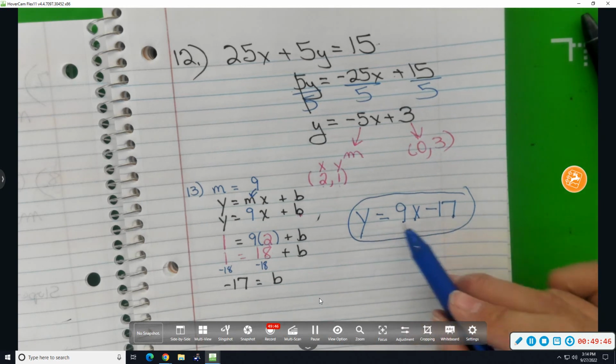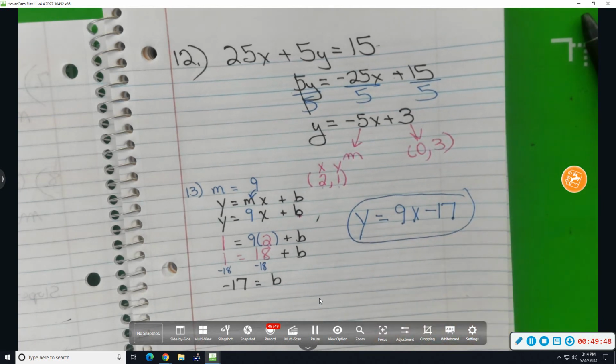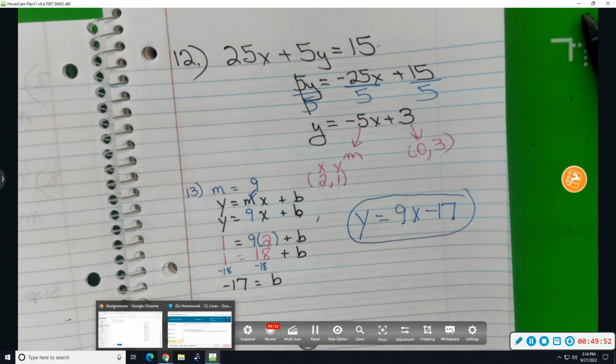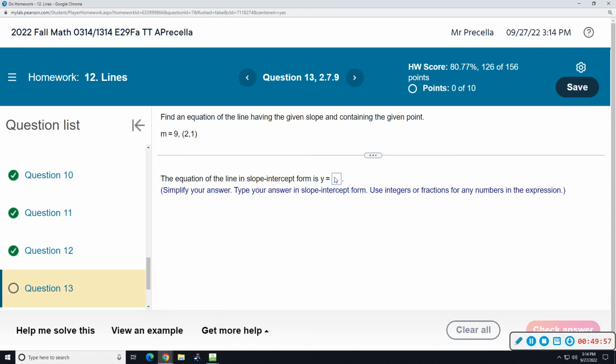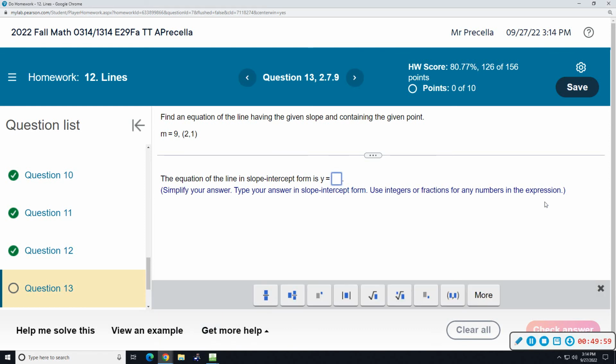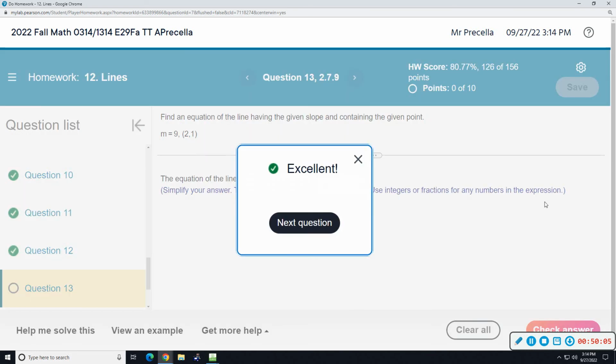So here's the equation of the line in slope-intercept form. We come over here and type in y equals, which is already there, 9x minus 17. Any questions there?